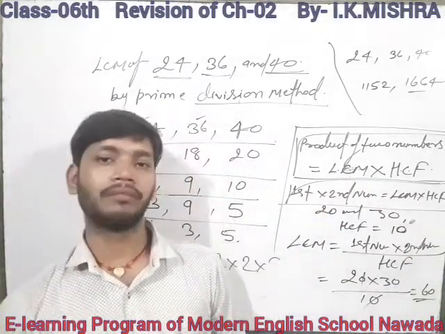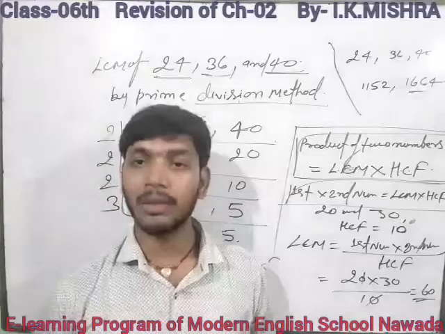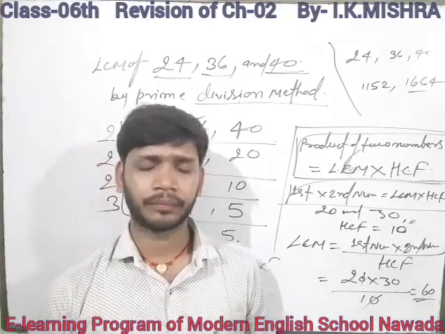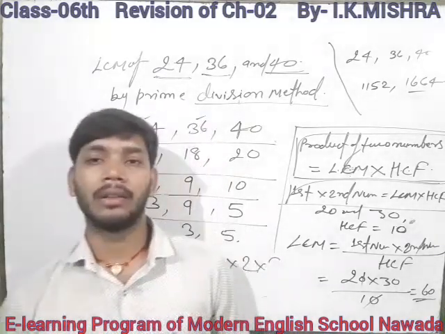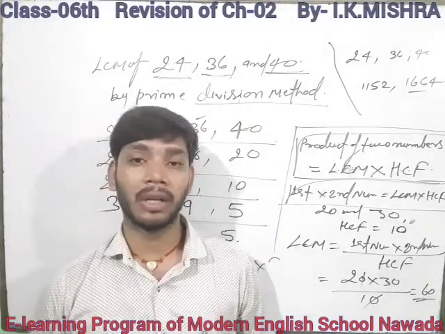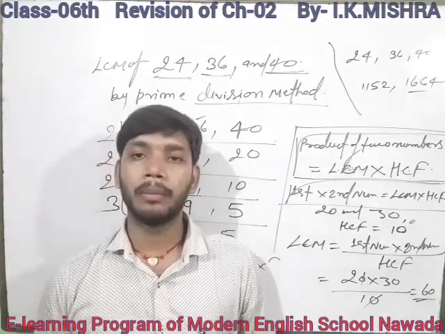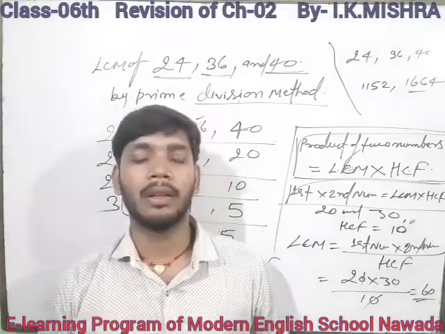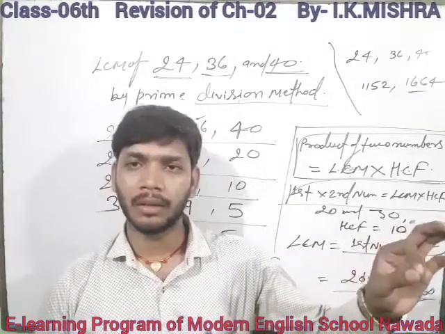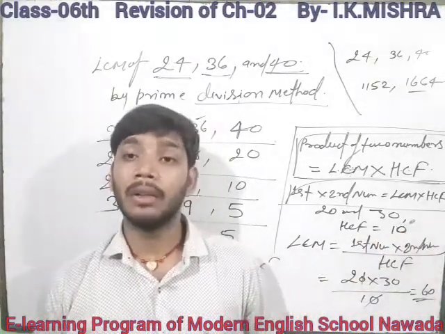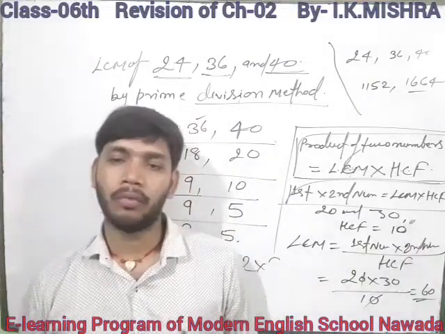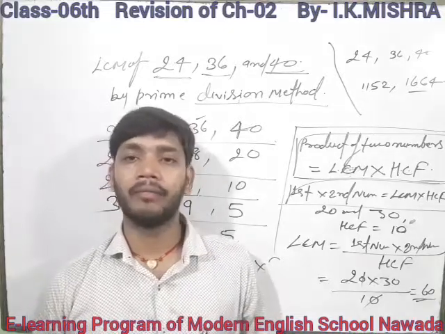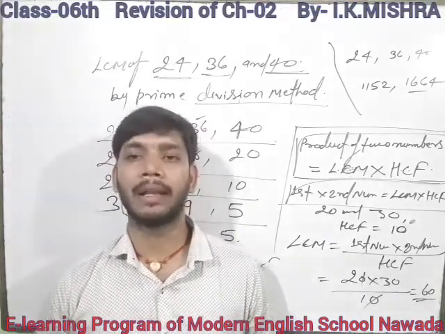Now students, a very important question is asked, as given in your exercise 2E. Find the smallest or least number that, when divided by the following numbers, leaves a given remainder. This type of question is done by finding the LCM of these numbers and then adding the remainder. Here, students, I write a question.